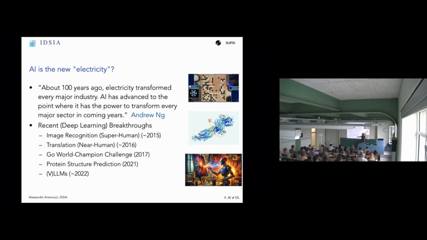And now everybody is talking about large language models like GPT. So deep learning is becoming very important, especially in the last decade, if not in the last year or 2.